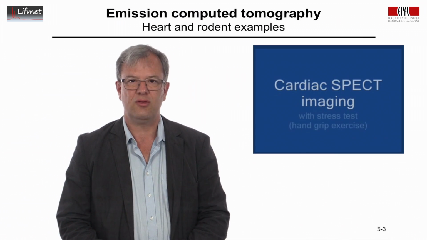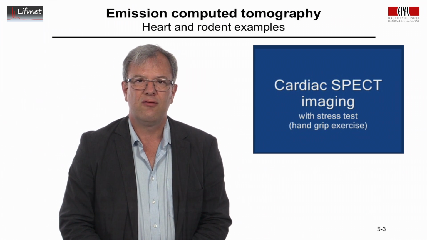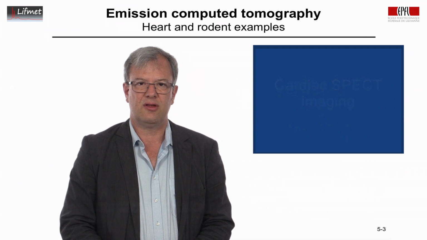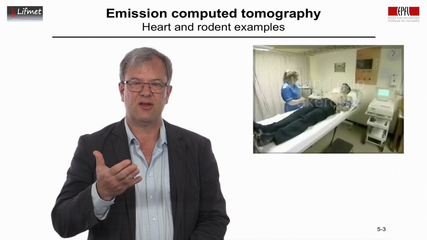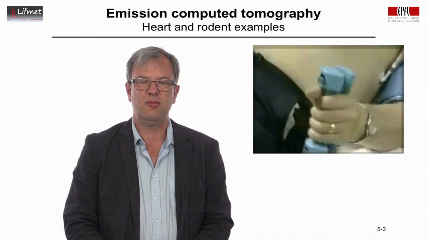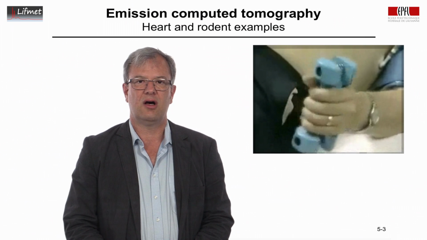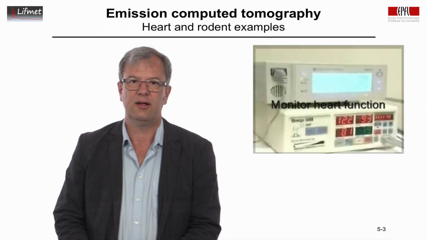First, I want to show you this video. This is showing you a typical SPECT scan. Now it's for the heart. So with a stress test. So the subject is doing a hand grip exercise, as you can see on the screen. This hand grip exercise is meant to stimulate the heart rate, so the heart is working harder. And he does that for a certain while.